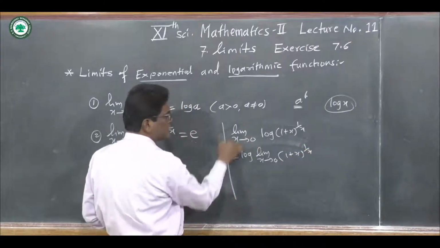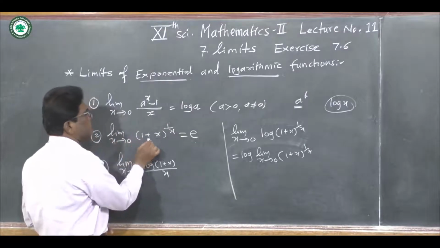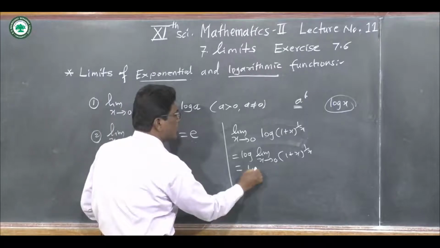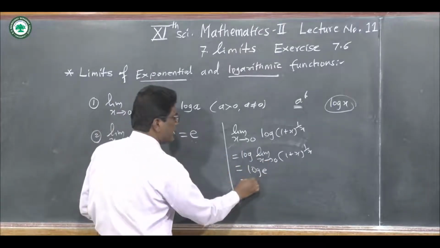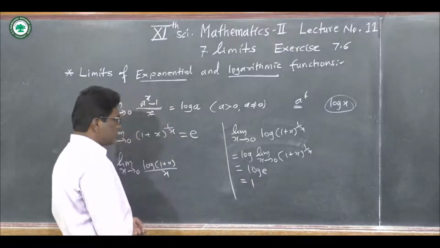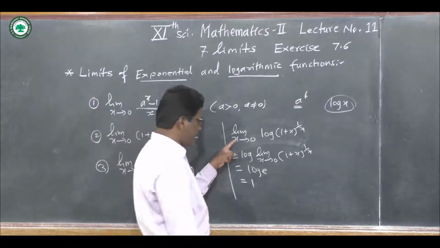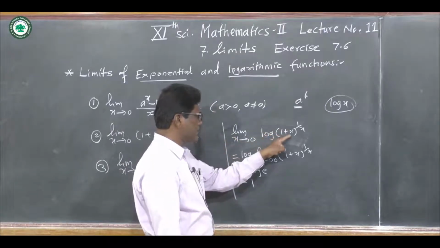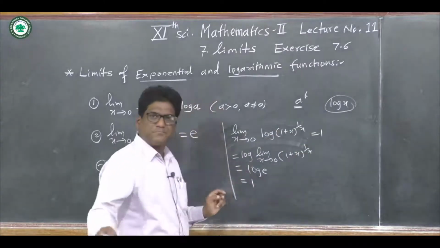From the second formula, limit x tends to 0, (1 plus x) to the power 1 upon x is e. So it is equal to log of e, and log of e is 1. Therefore we get limit as x tends to 0, log of (1 plus x) to the power 1 upon x, equal to 1.